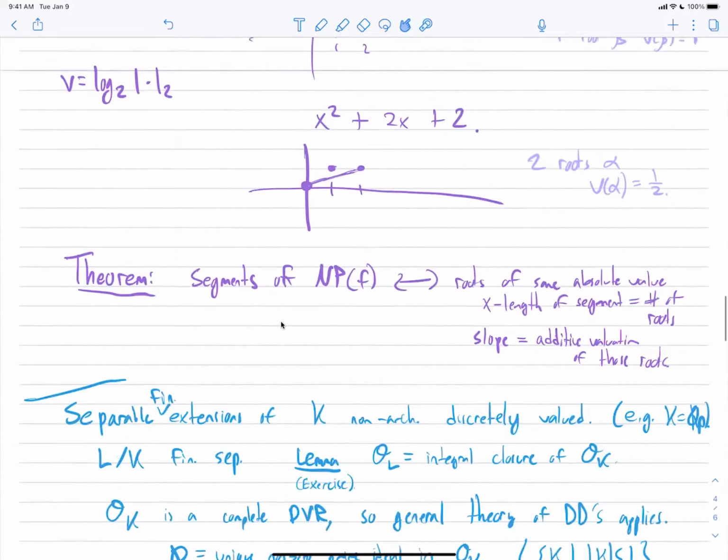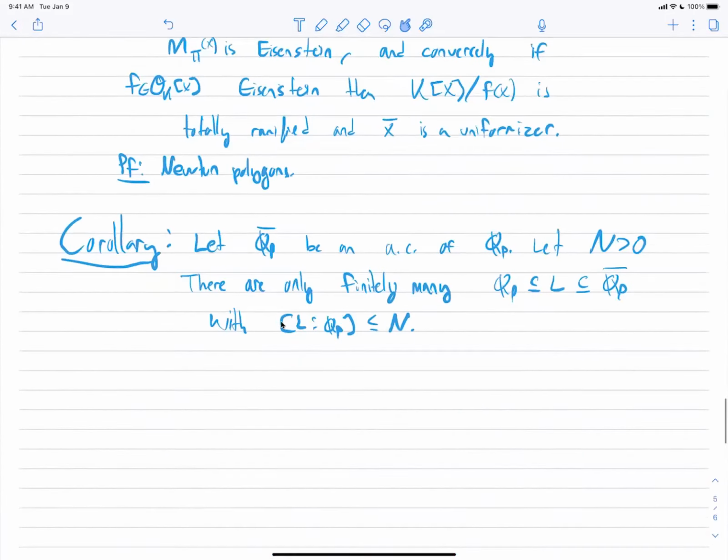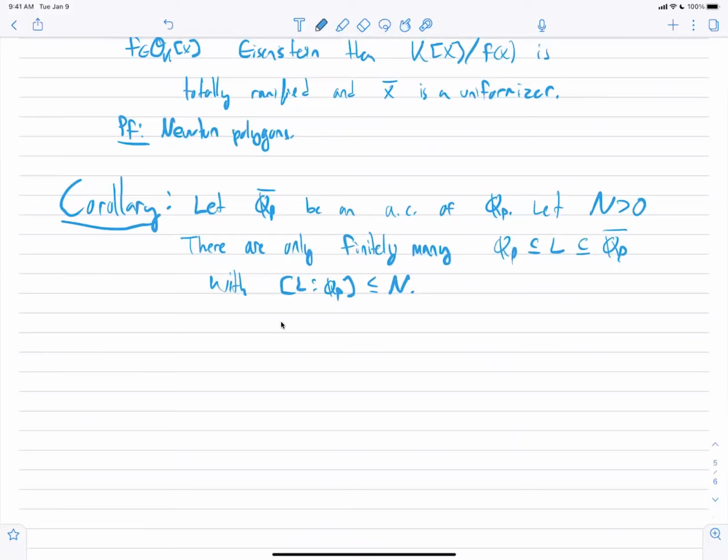Okay. So that's the corollary, that there are only finitely many. Well, first you do the only finitely many unramified.